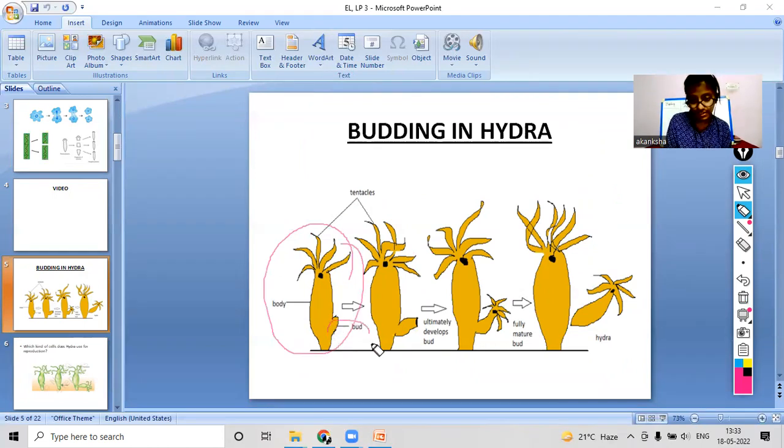These are the tentacles, like the tentacles an octopus has. Something is changing in this bud region. Here it was small, then it gets bigger, and tentacles also grow, and then it detaches itself. So this is the whole process of budding.